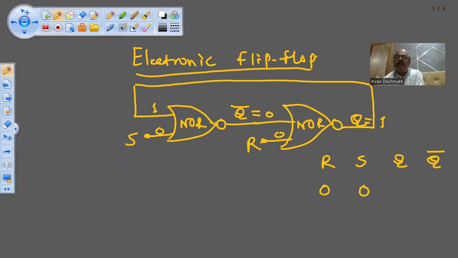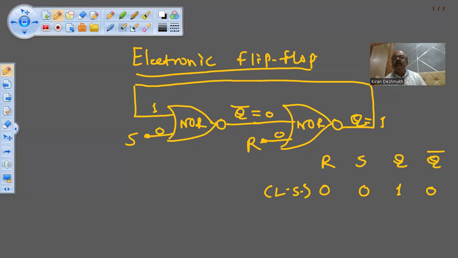So let us assume that Q is 1 and Q bar is 0. When both the inputs R and S are 0, this we call the last state. Because we don't know whether Q is 1 or 0. Q may be either 0 or it may be 1. We are assuming that Q is 1.